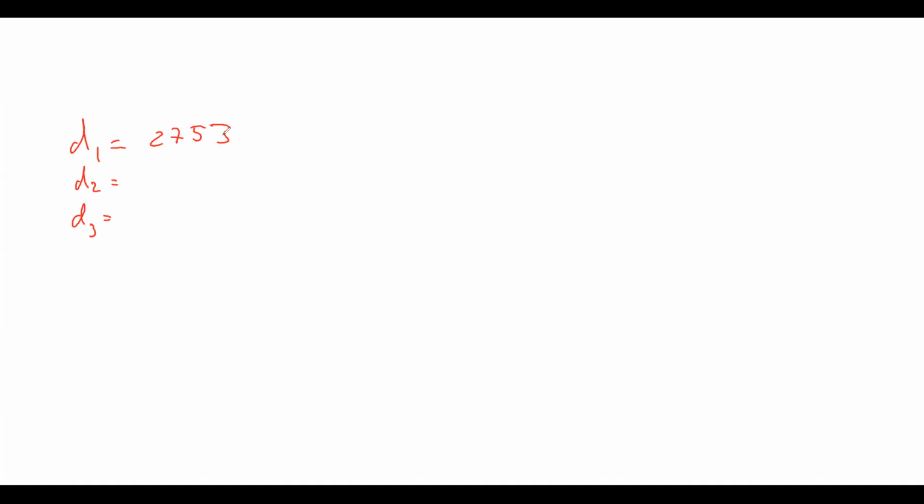If D is 2753, the equation becomes 2753 times 17, mod phi, and phi was 3120, and that should all be equal to 1.